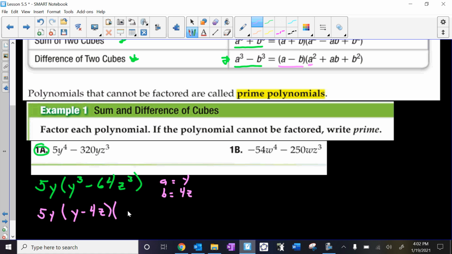A squared would be y squared plus, now I need a times b, which would be 4yz, plus our b squared. Be a little careful here. We got to square both parts. 4 squared would get us 16z squared. Everything in purple down here is going to represent our answer.